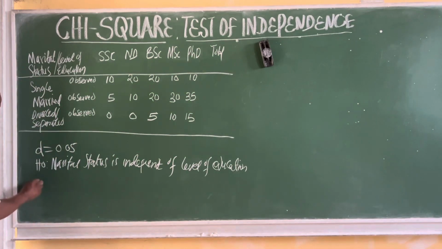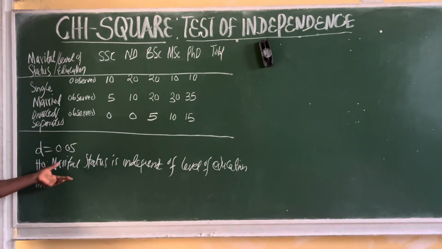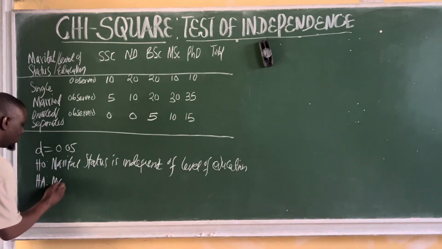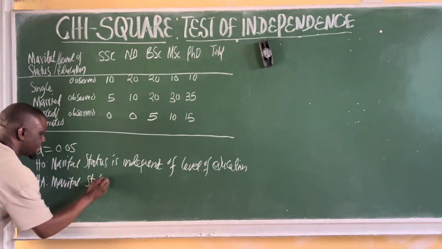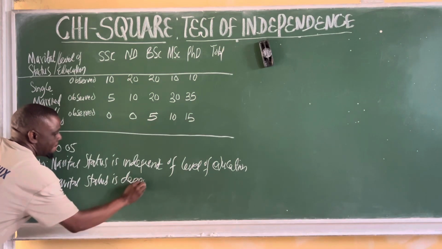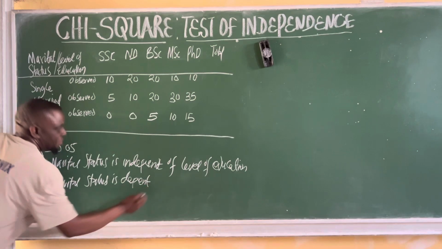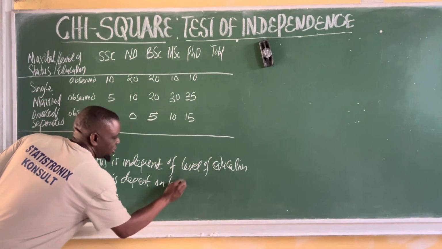So that the alternate hypothesis is the negation of H0, or we can just state that marital status is dependent on level of education.